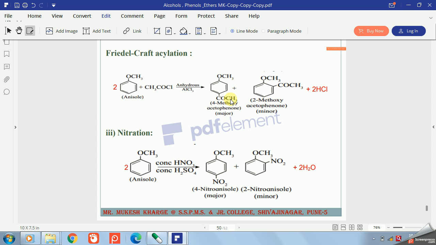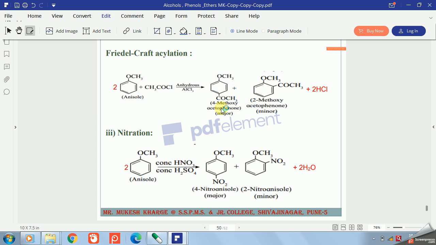So your compound becomes, remember that one functional group is CO, means ketonic, another is -O-, means ether. So the ketonic functional group has first priority over the ether group.